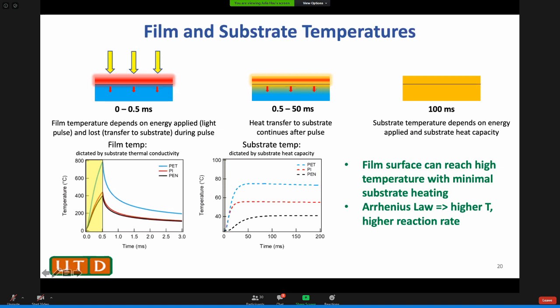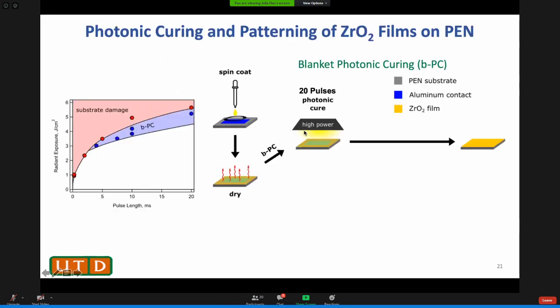That's the energy density delivered by the lamp to the sample. The x-axis is the pulse length, how long the lamp is on. If we dump too much energy, we will destroy the substrate. Now, if we lower the energy to this blue region, then this is called blanket photonic curing.